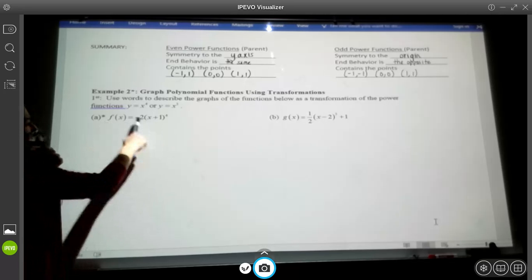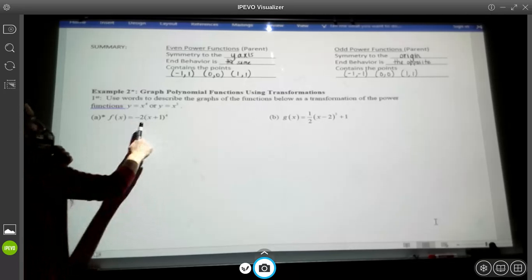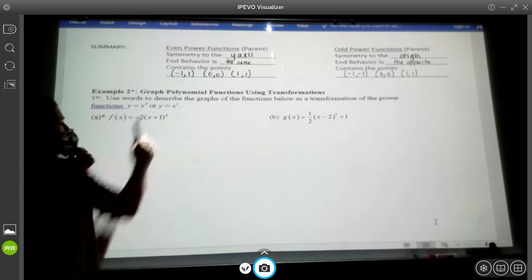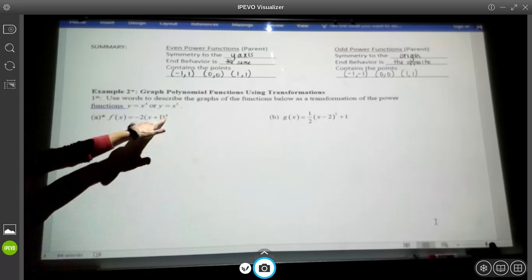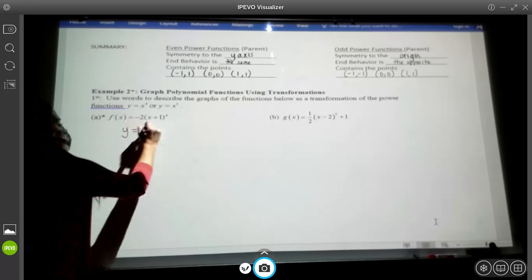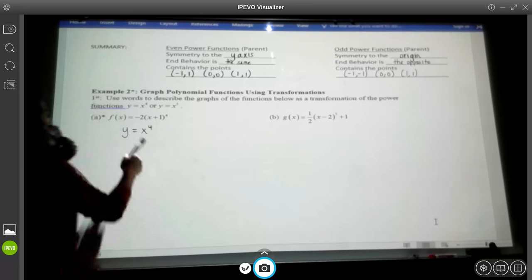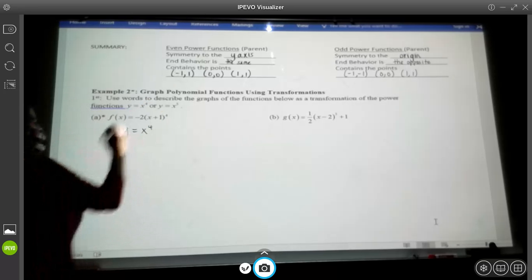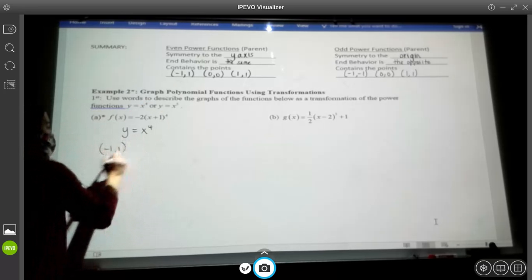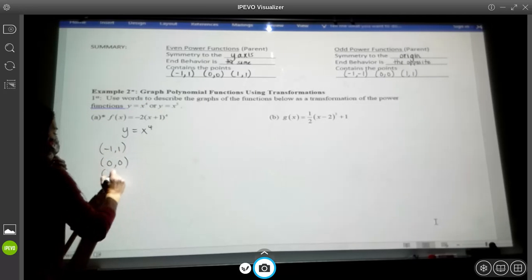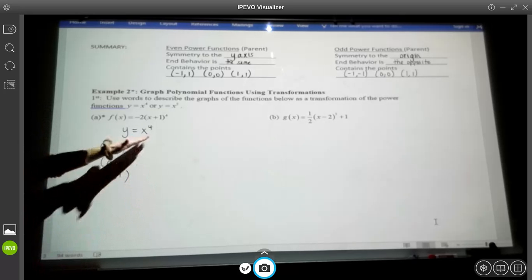Was his parent the graph of y equals x to the fourth, or is his parent the graph of y equals x to the fifth? X to the fourth. Which means it's even, so we know his end behavior is the same, and we know his parent passed through the points negative 1, 1, 0, 0, and 1, 1. We know that his parent passed through these.